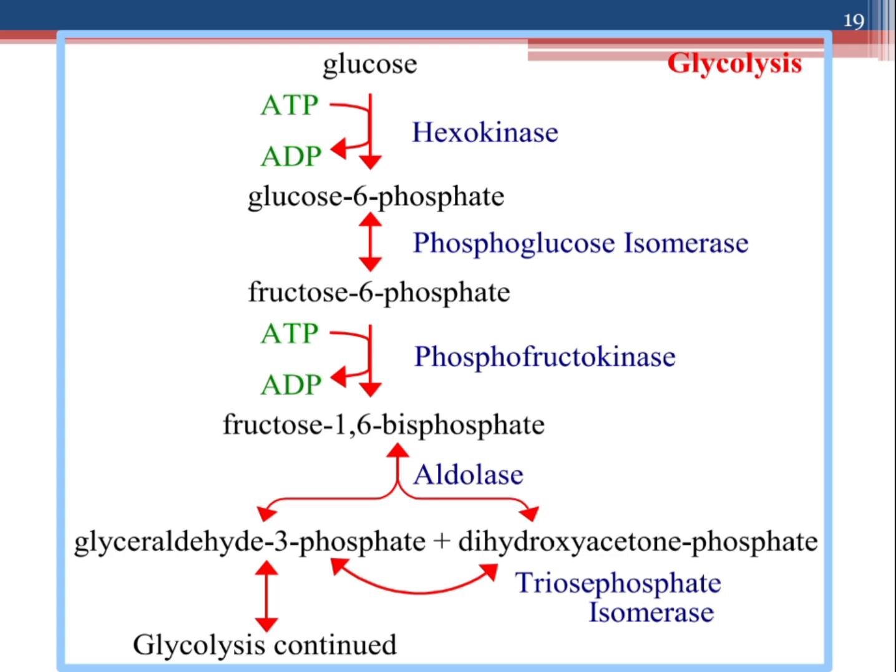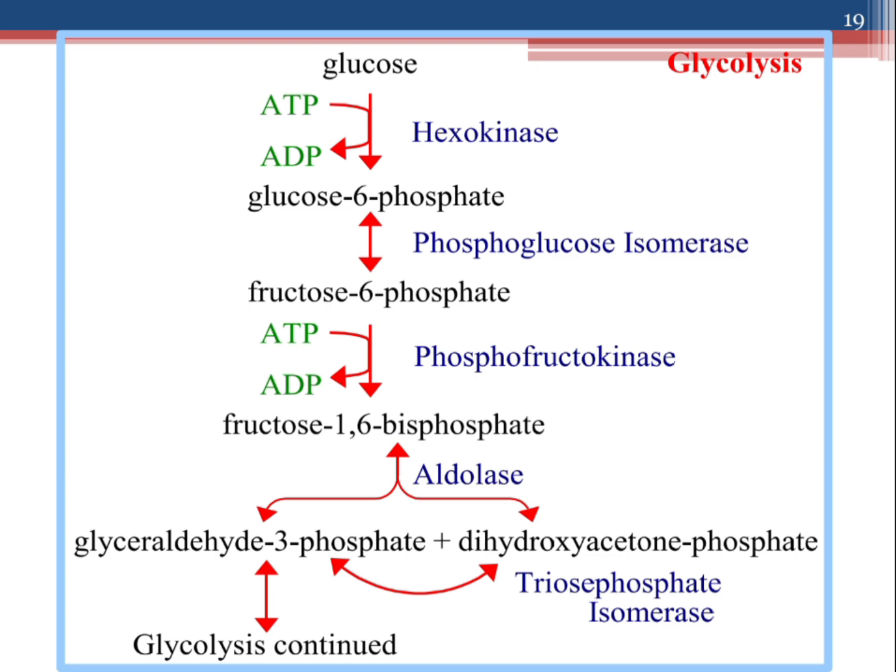This reaction is reversible. That is why you can see the arrows pointing up and then pointing down. So it is a reversible process. The two molecules formed are glyceraldehyde 3-phosphate and dihydroxyacetone phosphate.